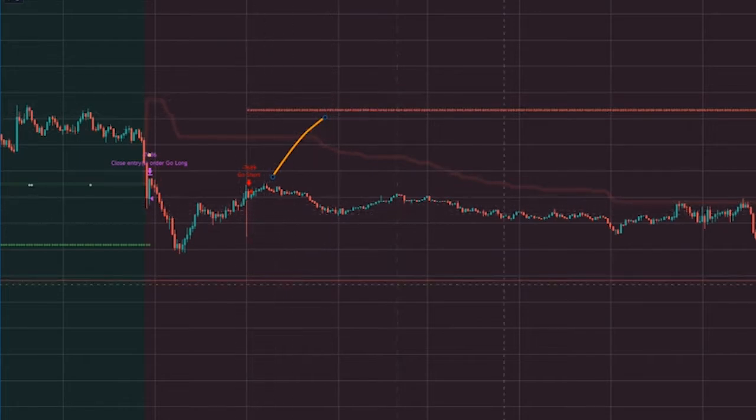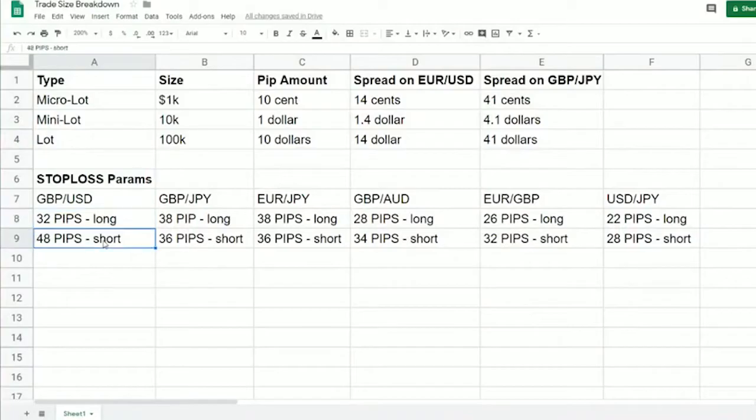So for my shorts, as you can see, 48 pips away. So at max, you will only lose 48 pips on that trade. If it just completely goes the opposite direction, something crazy happens, news out of nowhere comes through, taps us out of our position. That's the max.